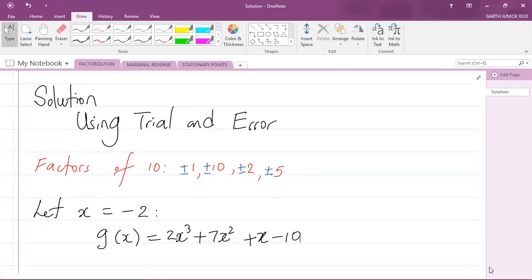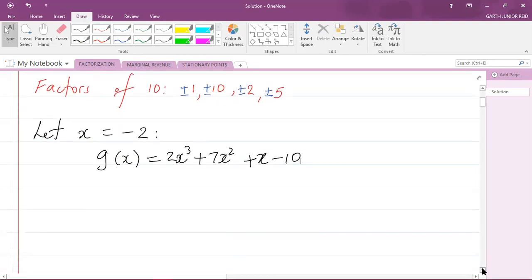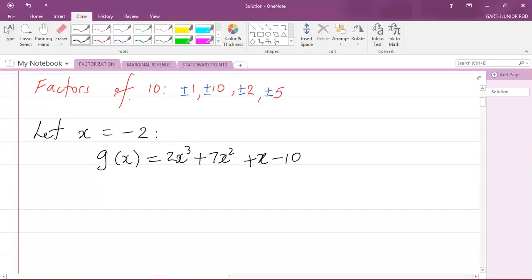Let's just try substituting x equals negative 2 and see if we get 0 as our output.